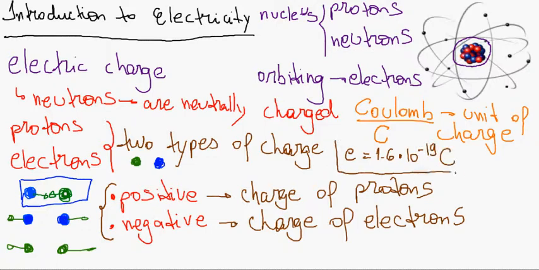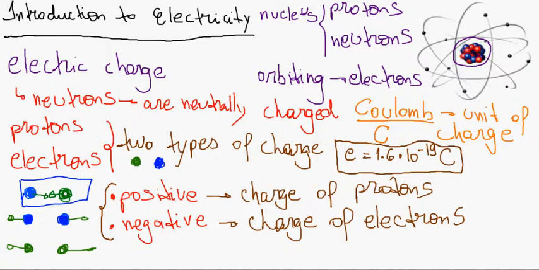This value is given by experiments. It is in laboratories, in experiments, that we see this value. So the elemental charge is 1.6 times 10 to the power of minus 19, and this is the charge of a proton and the charge of an electron. We see experimentally too that the charge of a proton is exactly the same size as the charge of an electron. The only difference is that they are opposite.